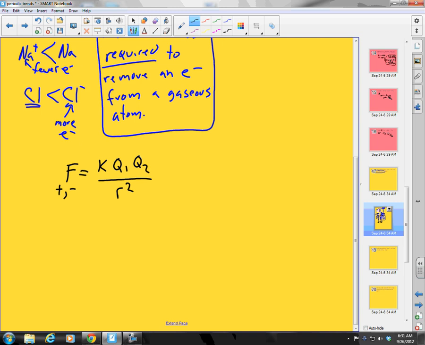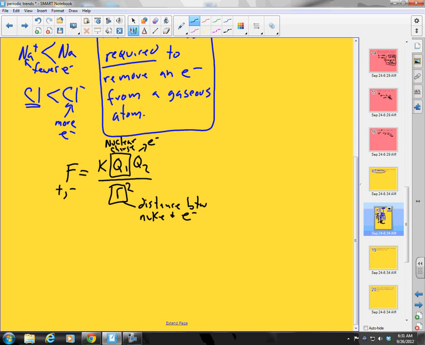Q2 could be thought of as the electron charge, and that's not changing, but my Q1 could be thought of as my nuclear charge, in fact my effective nuclear charge, and my R is the distance between my nucleus and the electron that we're talking about.